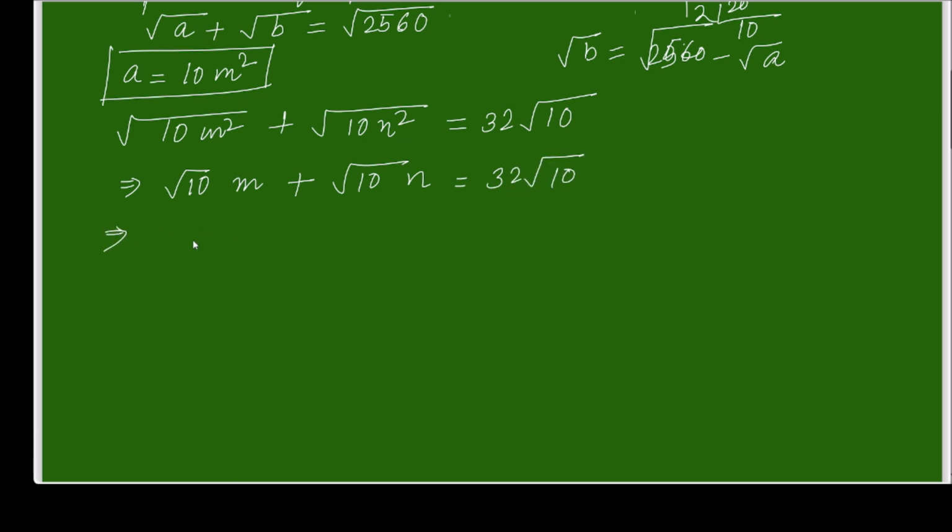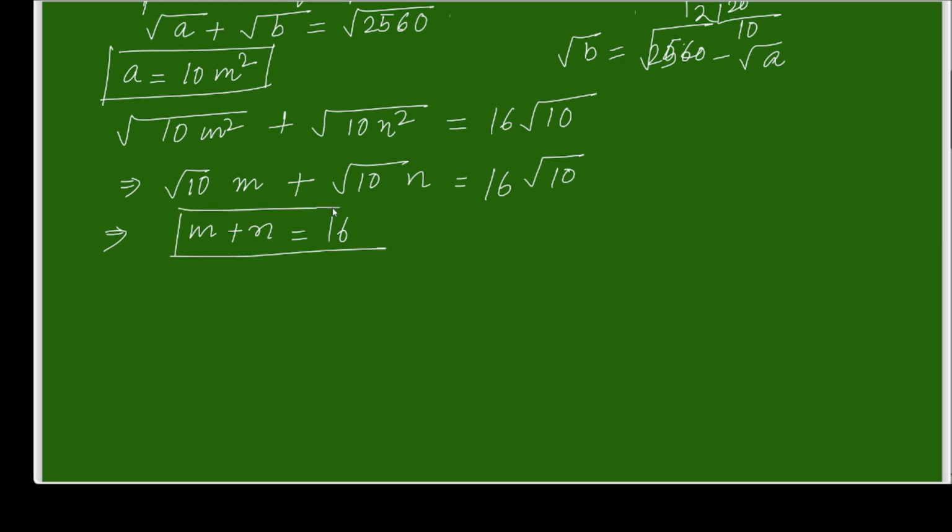Cancelling square root 10, I'll get m plus n is equal to, it is not 32, it is a mistake, it will be 16.